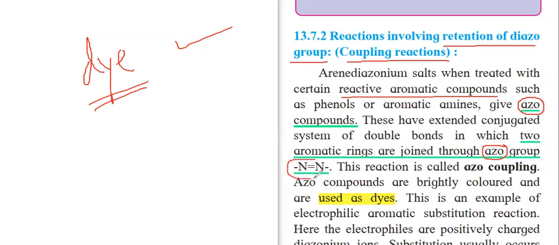See, this is the azo group. Instead of the nitrogen nitrogen triple bond in the diazonium salt, there is a nitrogen nitrogen double bond, and it is called the azo group. This reaction is called azo coupling because on one side of the nitrogen nitrogen bond it is aromatic and on the other side it is also aromatic.